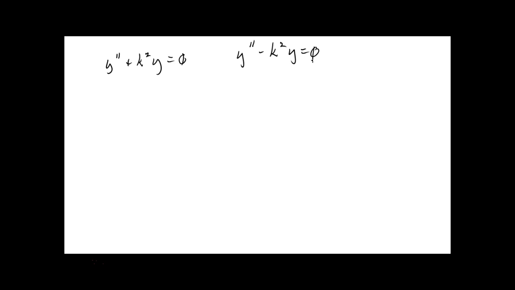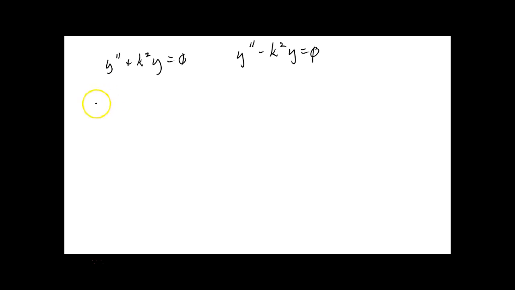They look pretty similar, but they are fairly different. The first one has no real roots to your auxiliary equation, right? M squared plus k squared equals 0. Ain't no way that's going to be true in the real number system. So you have to go to the complex number system.